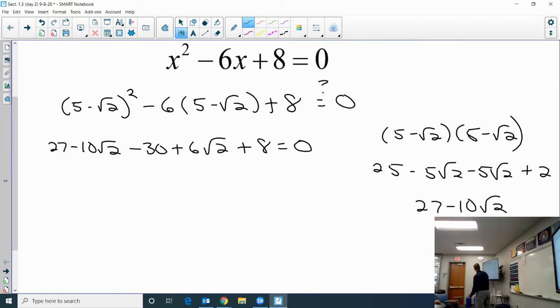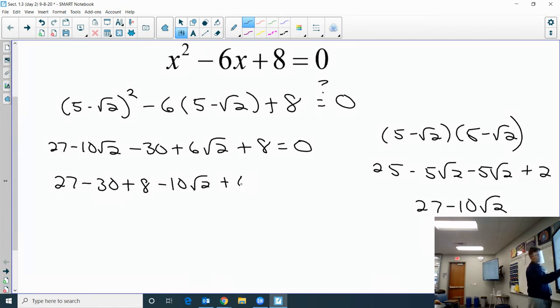I got 27, I got minus 30. Well, I'm just going to group them here. I got 27 minus 30 plus 8 minus 10 square root of 2 plus 6 square root of 2 equals 0. That gives me 5 minus 4 square root of 2.